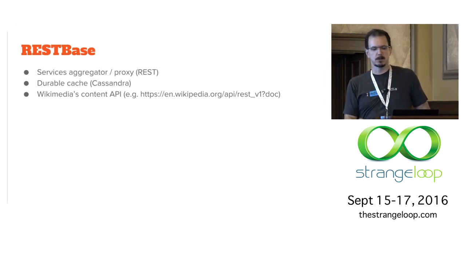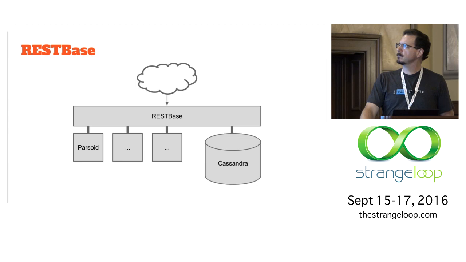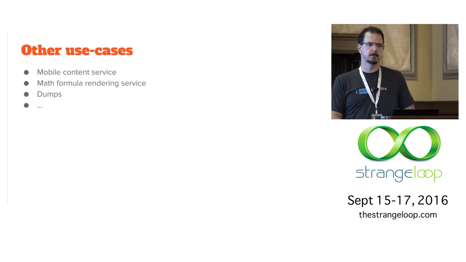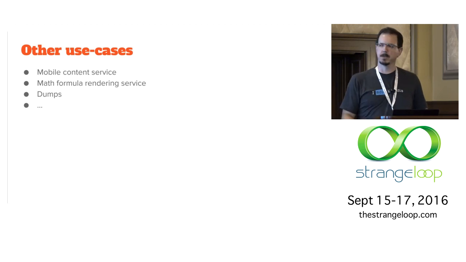And it also performs durable caching. We have pluggable backends for this, but we use Cassandra in production. So it looks something like this. Parsoid's not the only service that we aggregate behind RESTBase. There are others. Usually it's a similar theme: you have some sort of expensive transform to solve a particular use case, the response is cacheable, and we put that behind RESTBase.